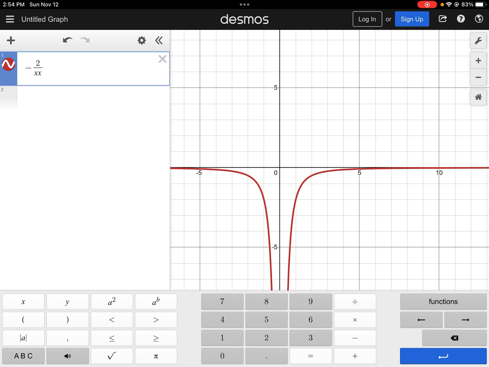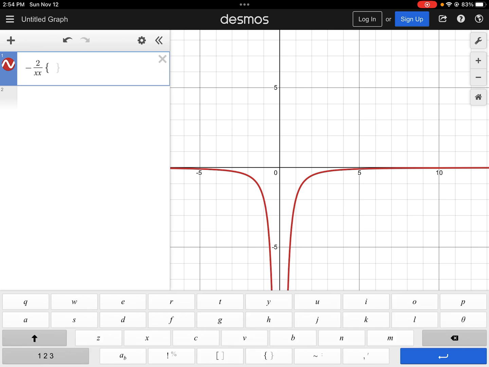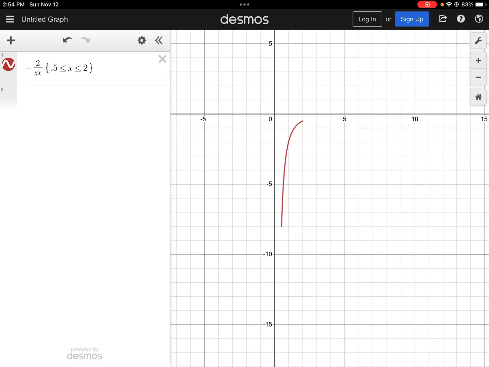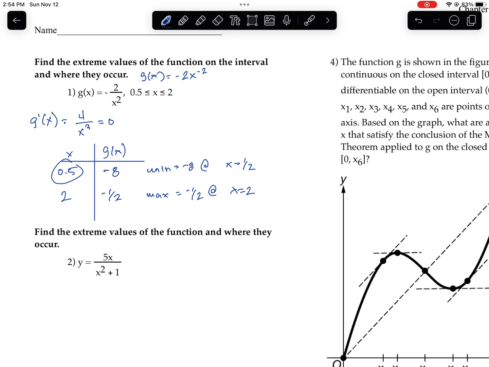Oh man, if I can remember now, we'll do 0.5 less than or equal to x, which is less than or equal to 2. So here's the interval. You can see that. 0.5 is negative 8, that's the minimum. Maximum at 2 is negative 0.5. So, okay, there you go.